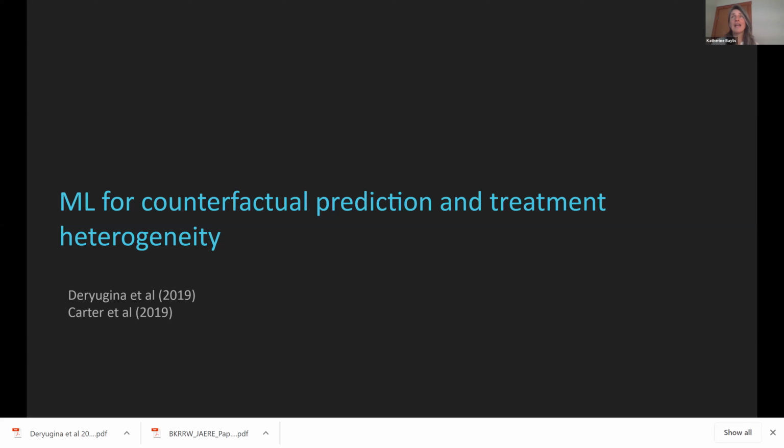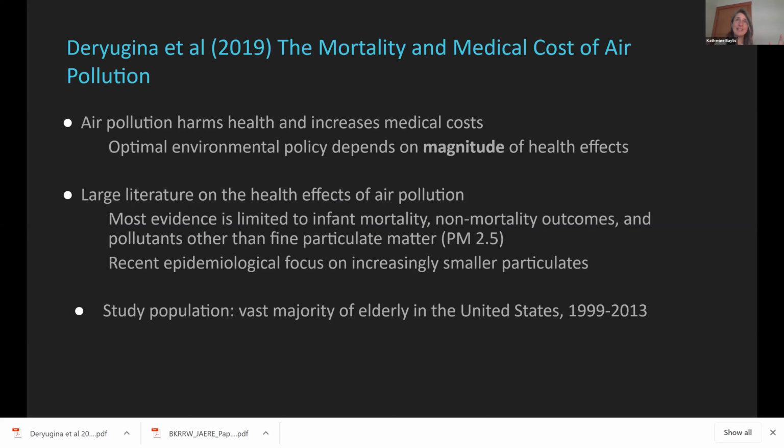Okay. Just to tee it up, there's a lot of people who've estimated the effects of air pollution on health. It matters because if we want to know, how much more should we be reducing pollution? What's the marginal benefit of reducing air pollution further? And we also care who would benefit from that.